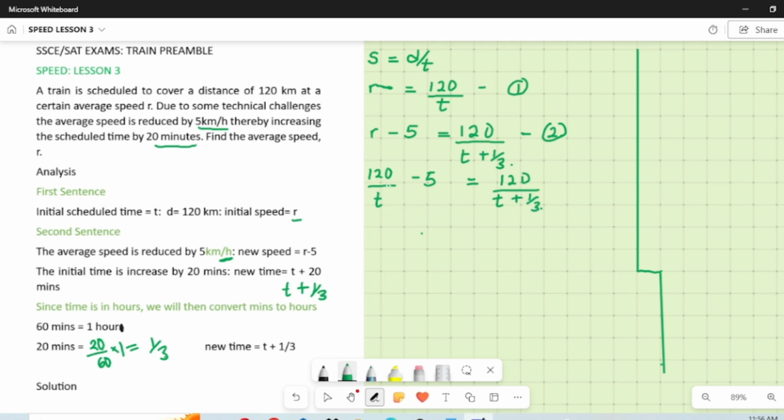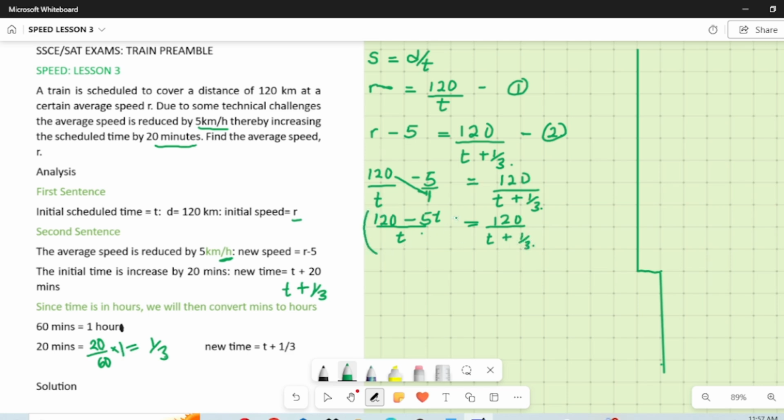We can simplify the fraction over here by dividing here by 1 and finding the common denominator, which is t multiplied by 1, and we can use the cross multiplication rule. If you don't understand this, you can refer to my lessons on addition and subtraction of fractions. So we'll have 120 minus 5t is the same as 120 over t plus 1/3.